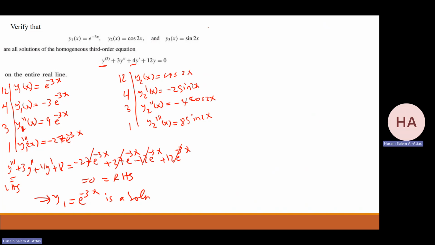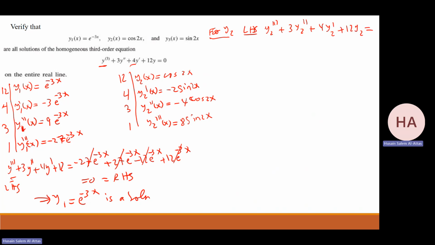So now for y2, we need to check the left-hand side, which is y2 triple prime plus 3 y2 double prime plus 4 y2 prime plus 12 y2.